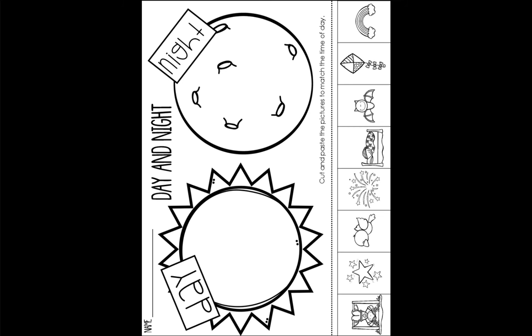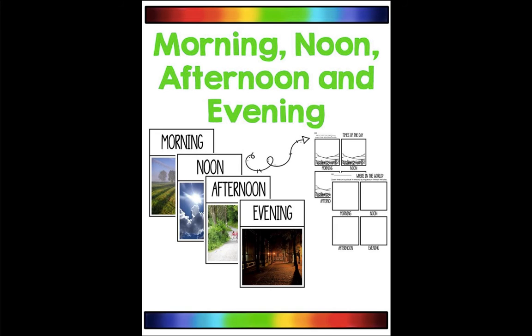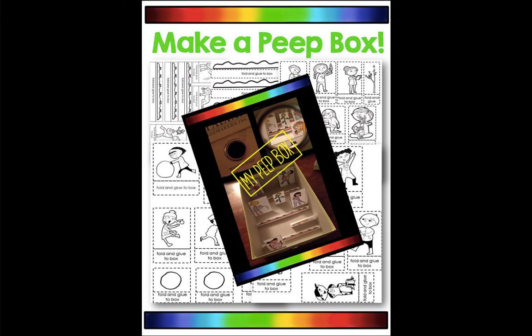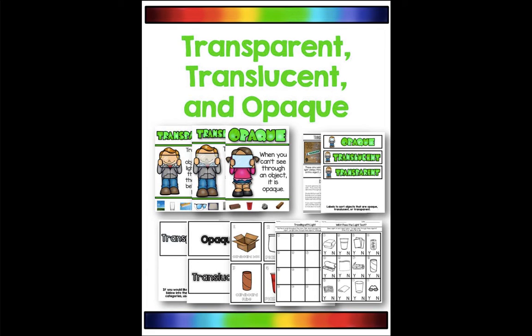And then of course it goes into day and night and talking about things that you see at nighttime, things you see during the day, and different times of the day. But it just has a lot of resources in it that I think I could use with my students. And I'm not sure if you can see all the way down here, but there's a light pass, or will it pass the light test?